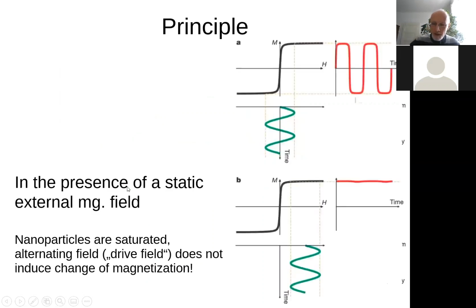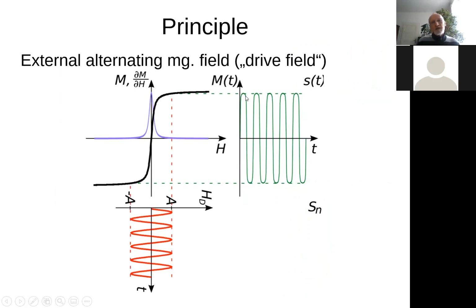So the magnetization changes like this. In magnetic particle imaging, we call this alternating field, which excites the nanoparticles, the drive field.